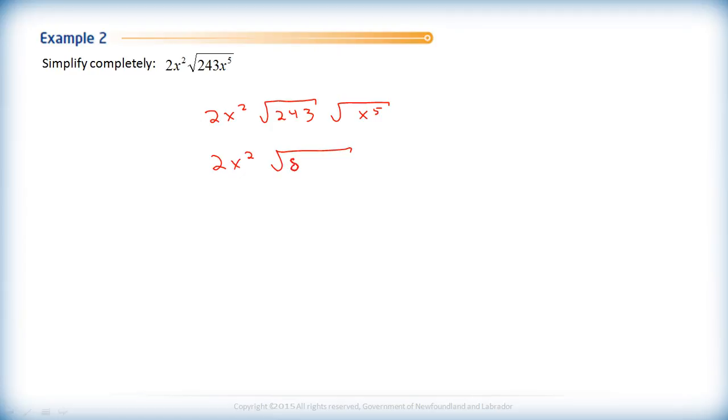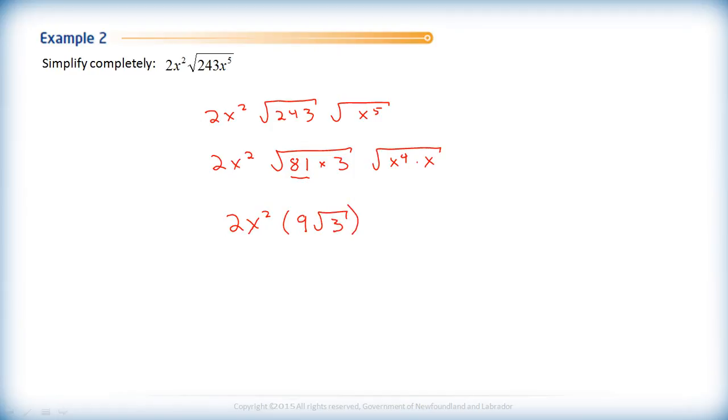Dividing it by 3, I think you'll find a nice one, like 81. So we've got 81 times 3 instead of 243, where 81 is a perfect square. And then x to the power of 5 is just x to the power of 4 times x. Okay, so we're going to have 2x squared here, multiplied by the square root of 81, which is 9 square roots of 3.